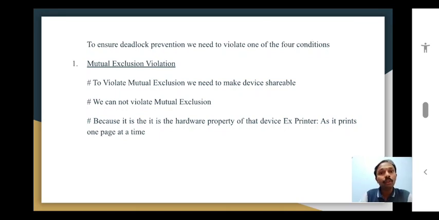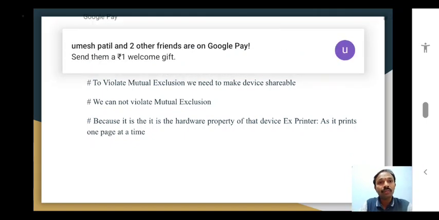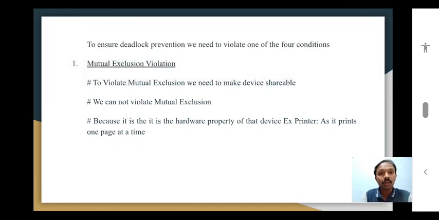And even in the operating system, as we know, if it is a single processor system, it executes one process at a time. So mutually exclusively inside the operating system, all the work is happening. Many examples we have already seen related to the mutually exclusive behavior of the operating system.